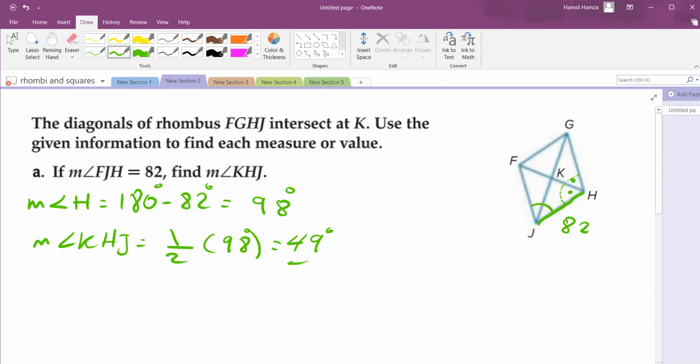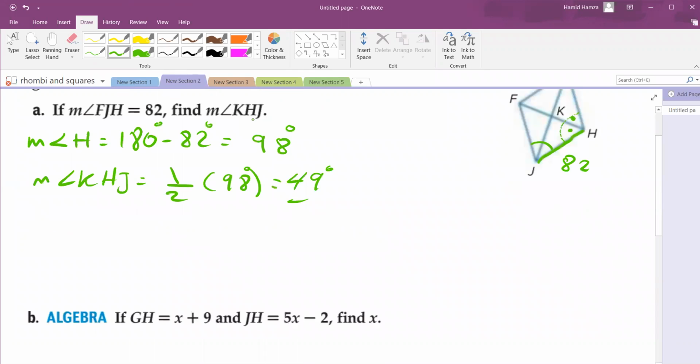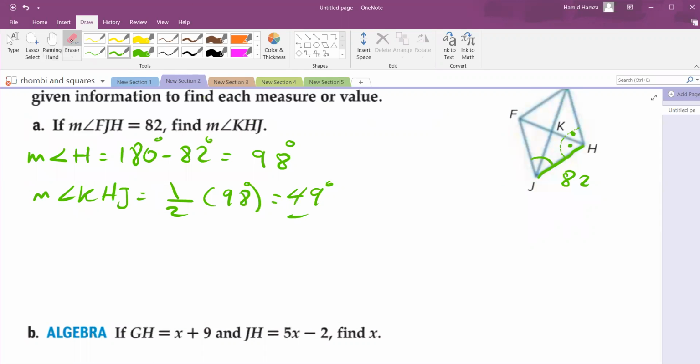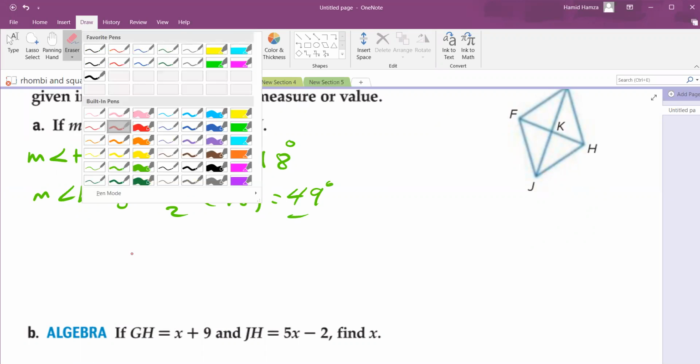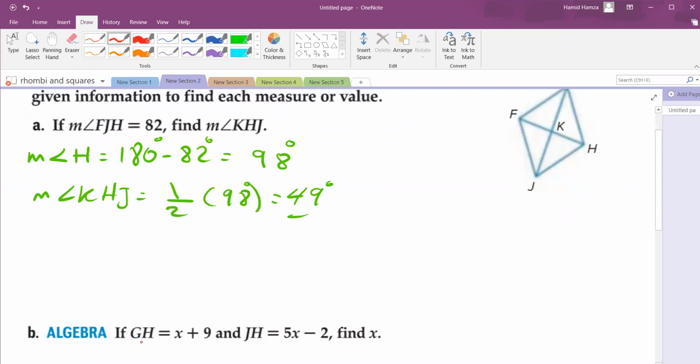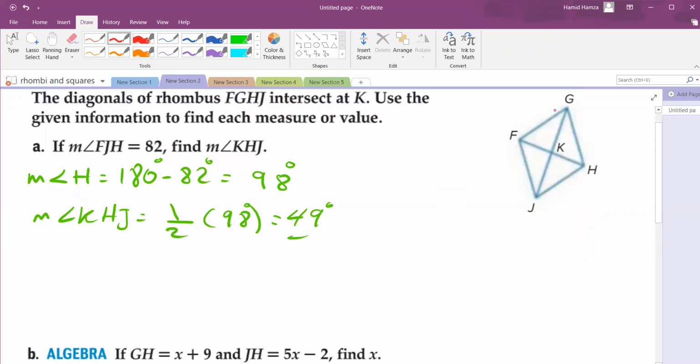Okay. The same shape, guys, let me erase this. Now we will talk about sides. If GH equals x plus 9, where is GH? This one.